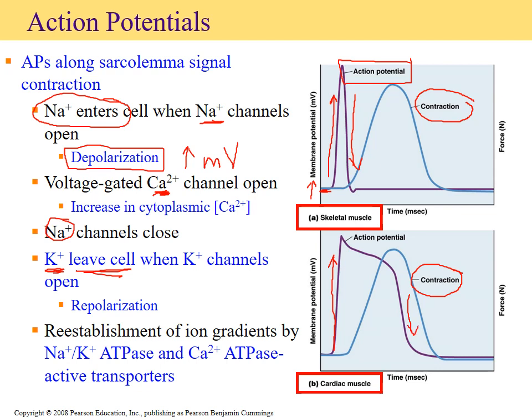And this is called repolarizing. So when you do repolarization, that means that you lower your membrane voltage. That means that you are relaxing or you're calming down the cell membrane. You're going back to your resting membrane potential where your overall base levels were. And this is done by allowing potassium to leave the cell.